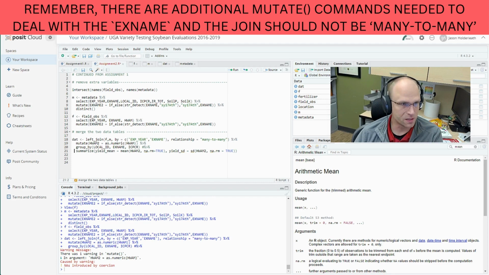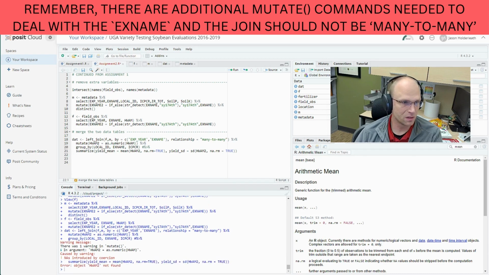So again, let's delete that and summarize yield by those groups. HYM2 is not found. There we go. My apologies. I commented that out and didn't get rid of the comment.